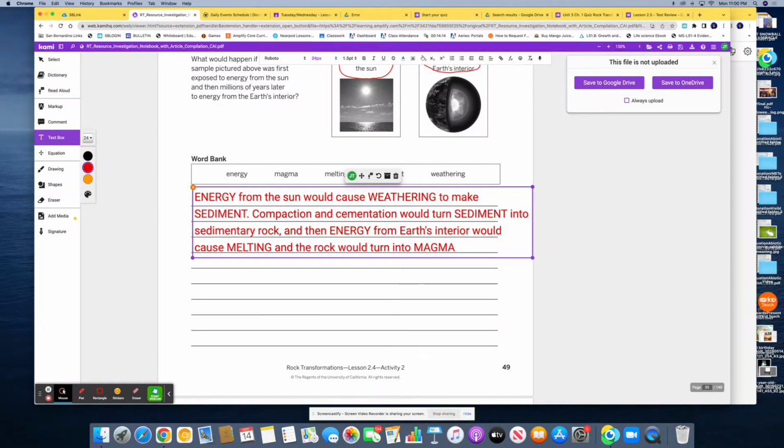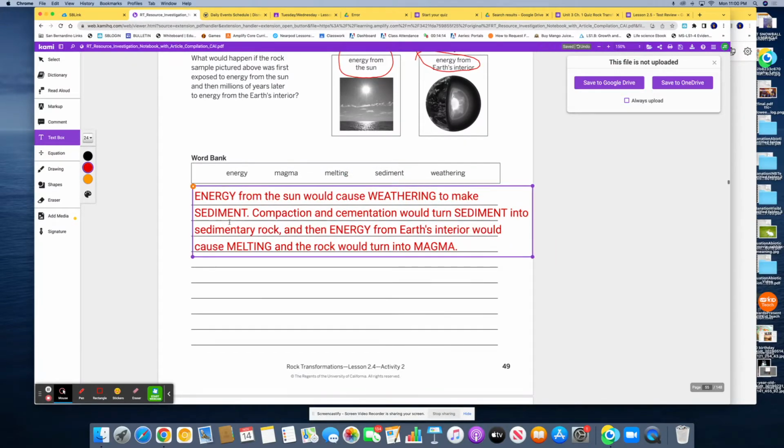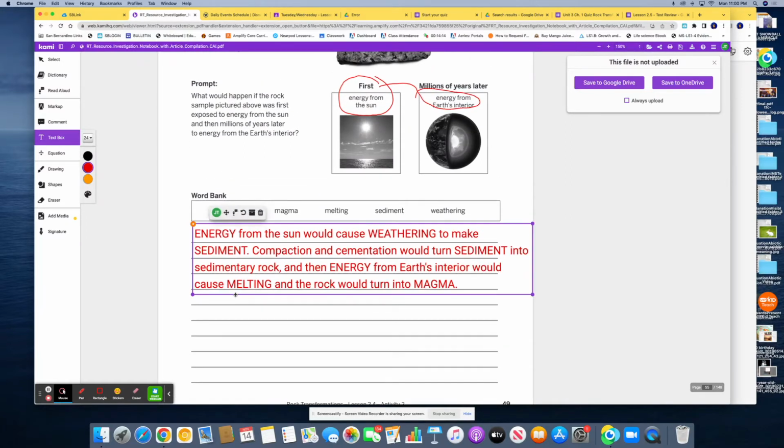All right. So let me read that to you again. Energy from the sun would cause weathering to make sediment. Compaction and cementation would turn sediment into sedimentary rock. And then energy from Earth's interior would cause melting, and then the rock would turn into magma.